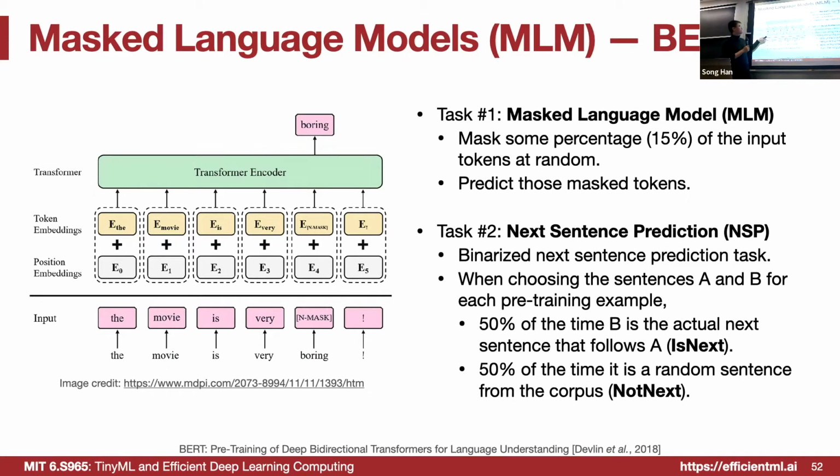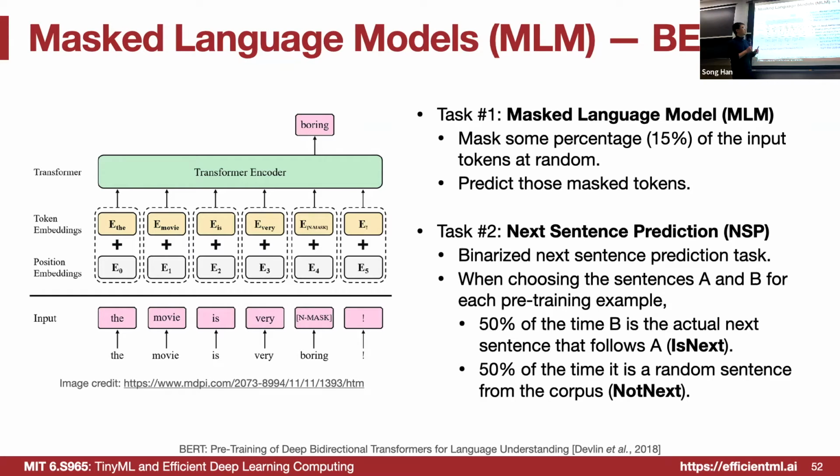We want to mask away certain words, and we want to predict what is over there. Like here, we try to predict this word boring. So here we first insert a mask, which is a special token. We feed this sentence, which is six tokens.